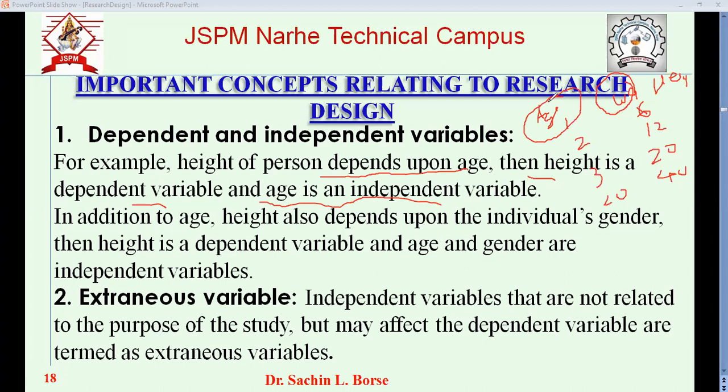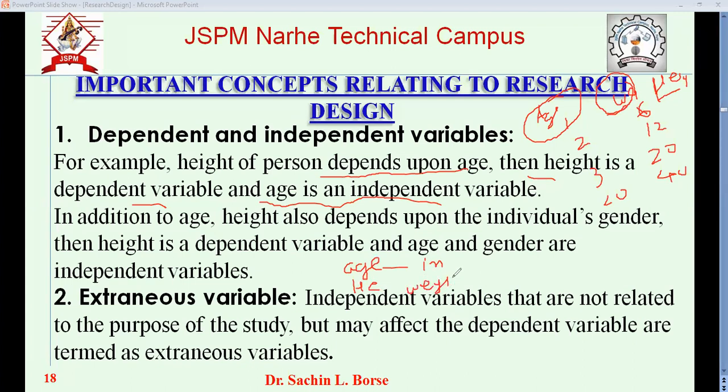As the age is changing, it causes the effect on what? Height. Similarly, it can cause the effect on the weight. So age is the independent parameter, and height is the dependent parameter, as well as the weight of a person.